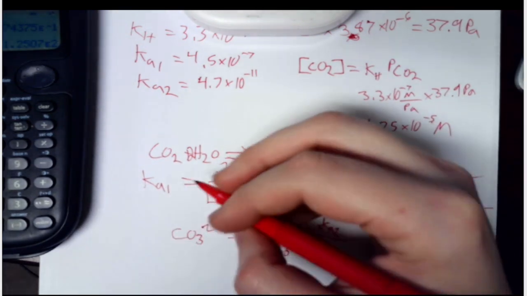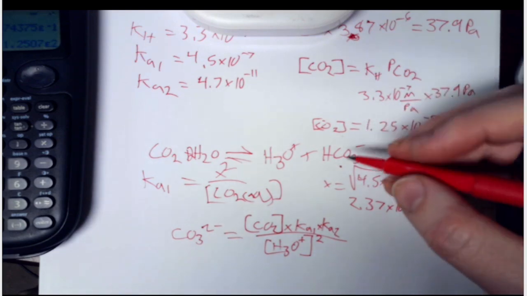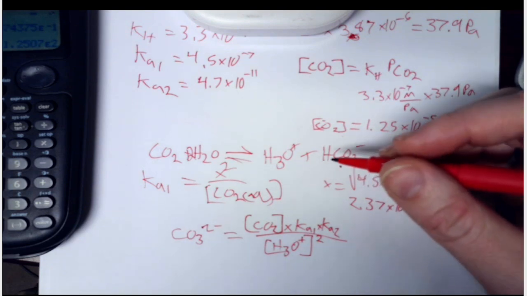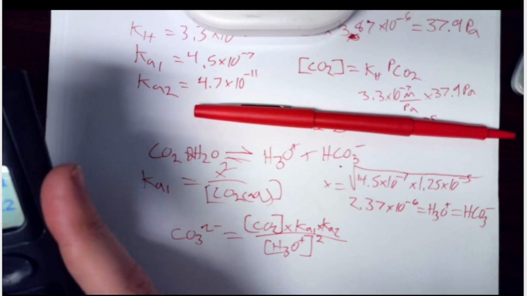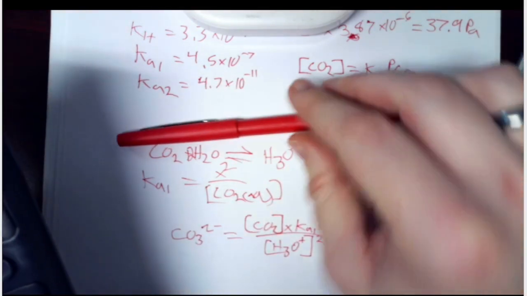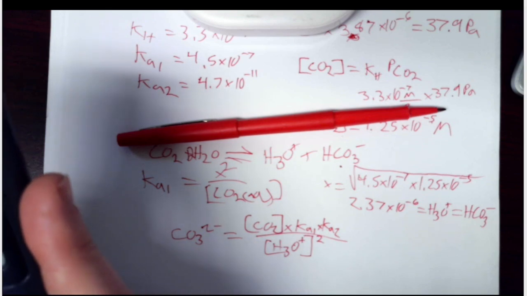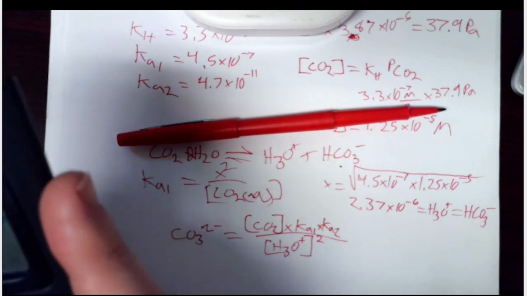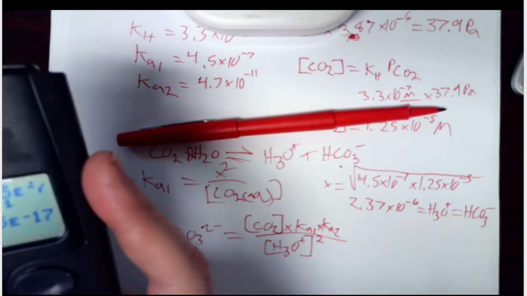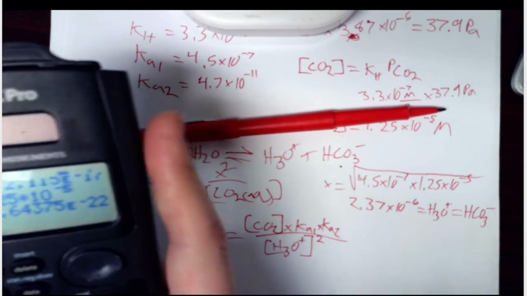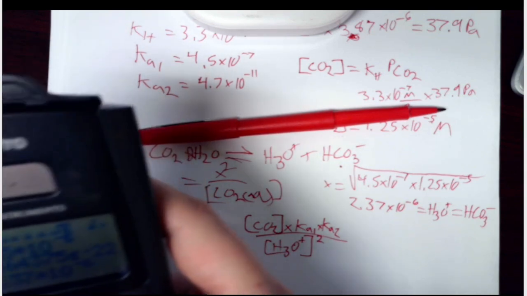Solving that, carbonate is 4.5 times 10 to the negative 7th times 4.7 times 10 to the negative 11th times 1.25 times 10 to the negative 5th, all divided by our concentration of acid, which was 2.37 times 10 to the negative 6th, squared.